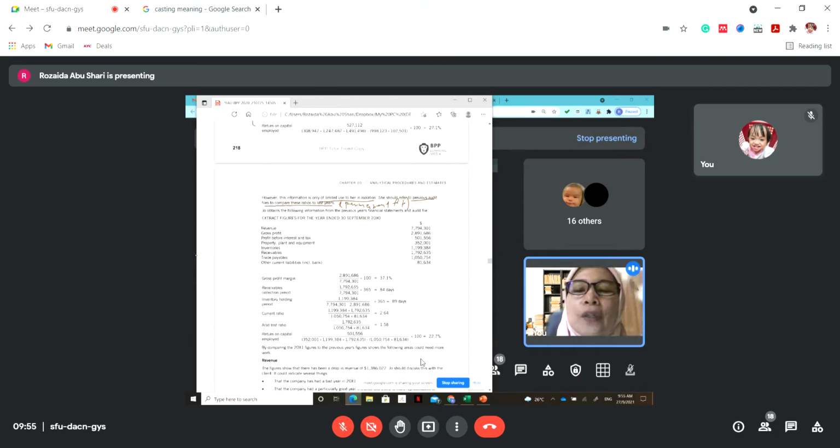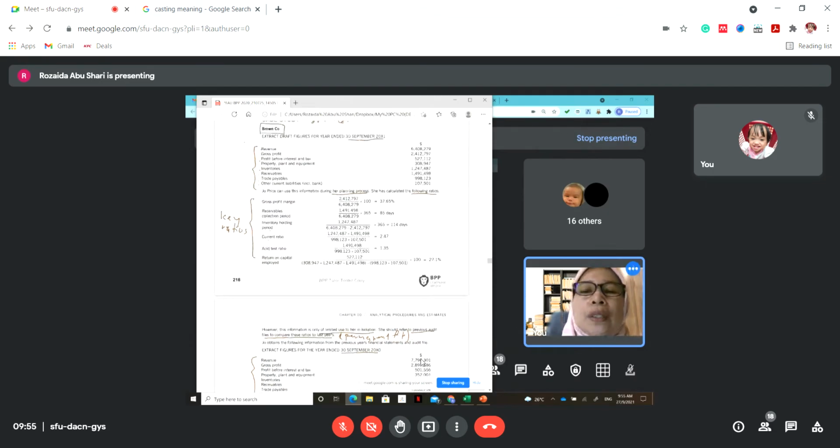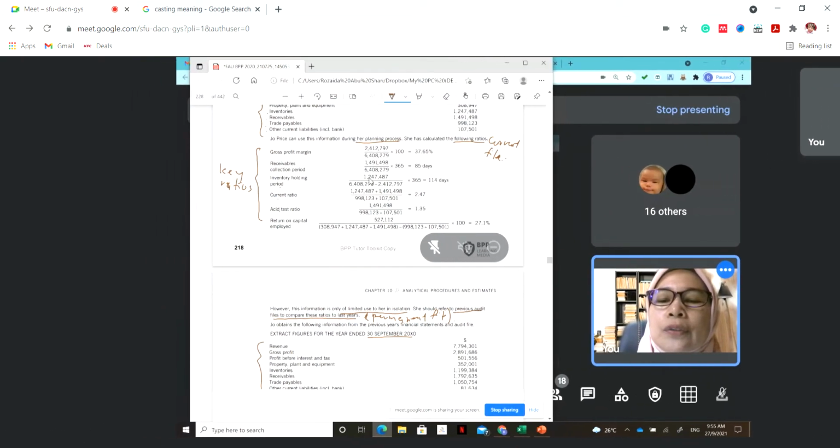They extract the figures for the year ended 30th September X0. Again, they have to take the same key ratios because you must compare the same information. The same key ratios from year X1 that she calculated just now will be put in the current file. This one is extracted from the permanent file.